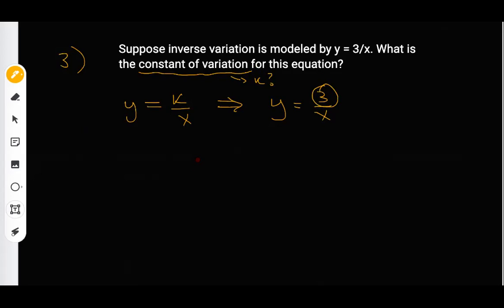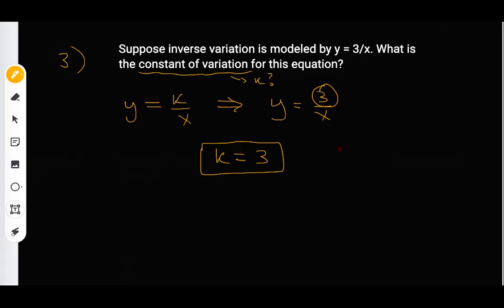So that's going to be my k. k equals 3. So that's just kind of like a gimme, right? That's just asking, hey, do you know what the equation means? Do you know what k is? If you could find x or y, you could find those, of course, but you would need a second piece of information. So k equals 3. That would be the answer.